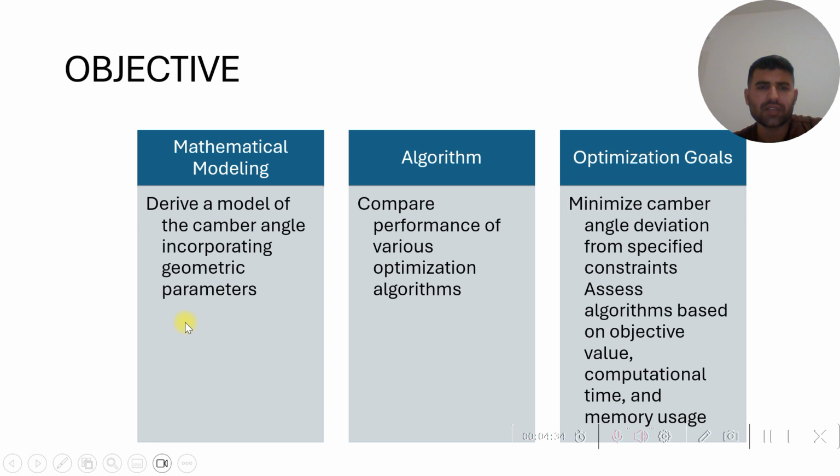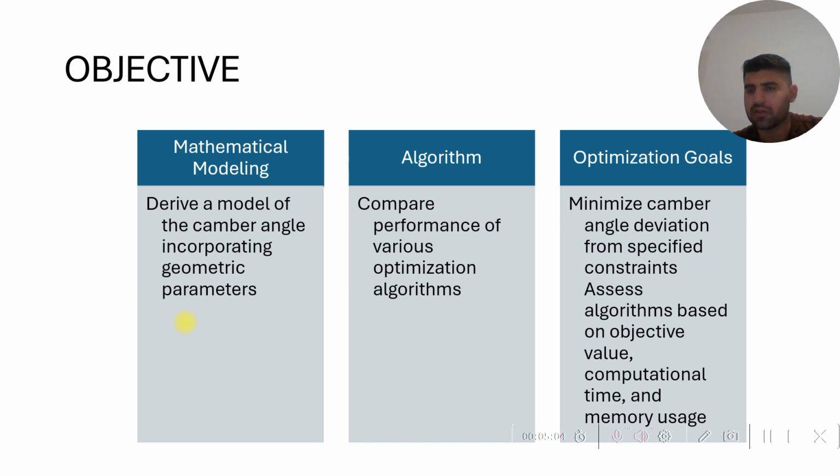Let's go to our objective. First, we have to derive the model for the camber angle including some geometrical parameters. Then we will compare the performance of different optimization algorithms, perform them and compare their results.